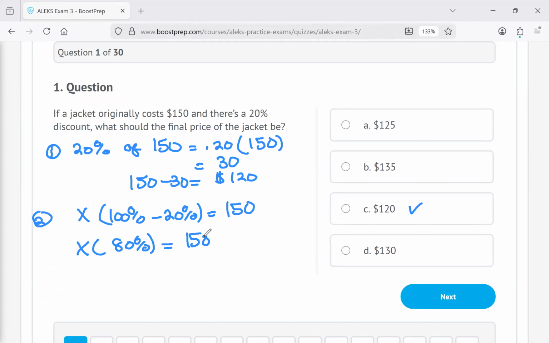Now what you want to do is convert that 80% into a decimal. How do I do that? As a decimal, all you got to do is move it two places to the left, so that'd be 0.80.